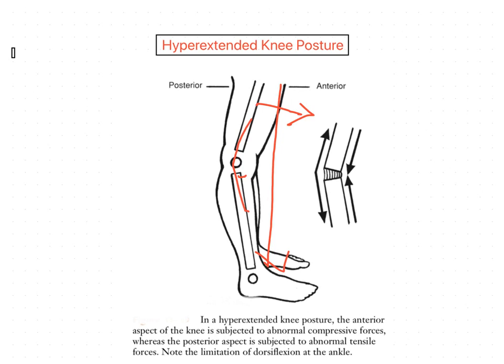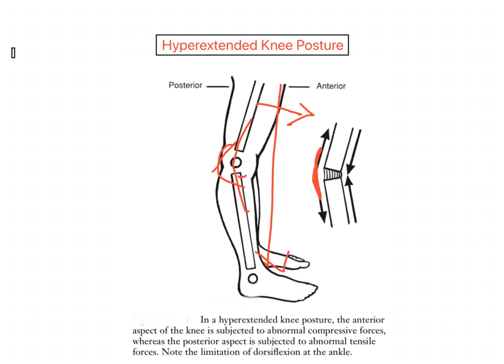And also because of this, it puts some extra pressure on the posterior joint capsule, which is going to be under considerable tension stress. So on the posterior side we can find the tension stress.